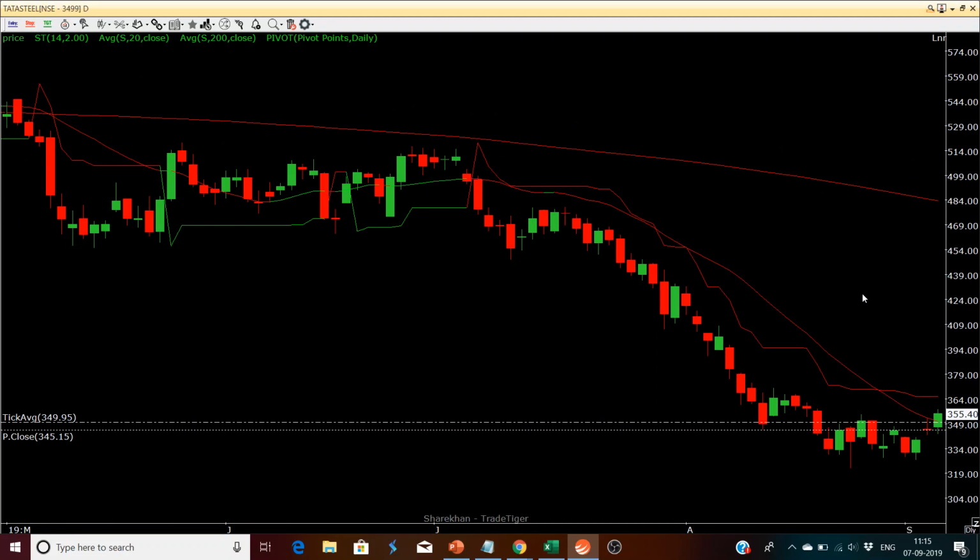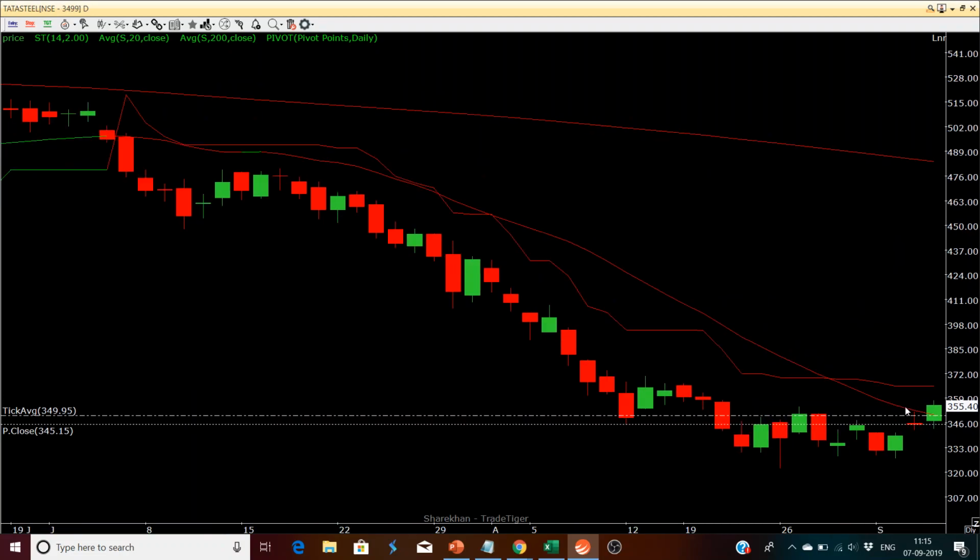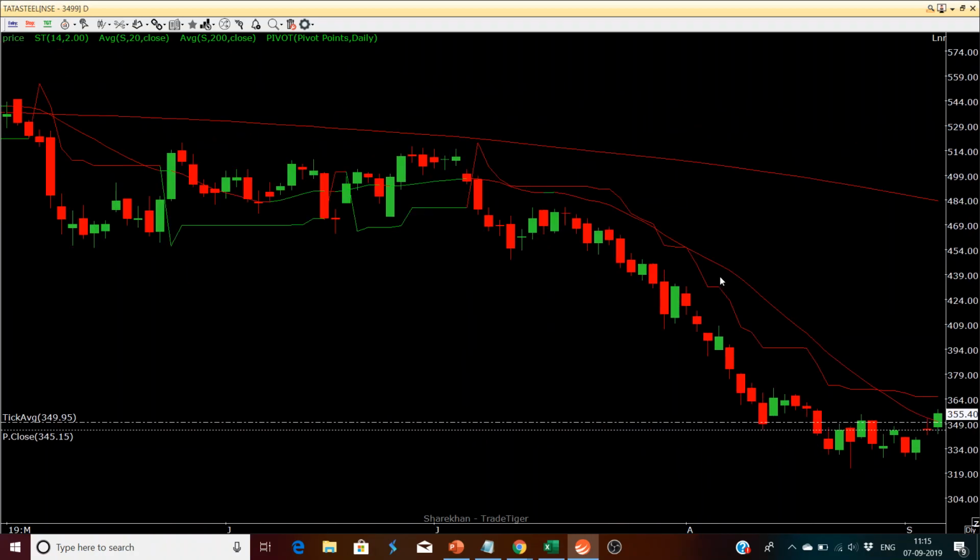The trend is down on a daily basis. For me, the indicator is not giving any bullish sign, but it's a potential to be added to the watch list.